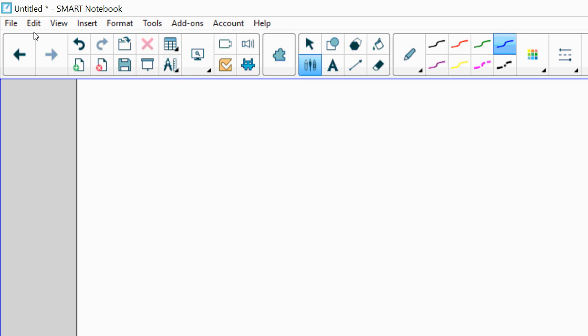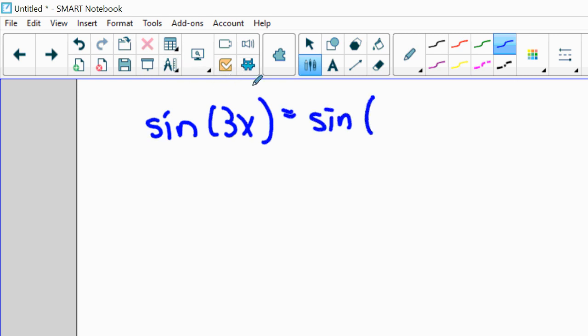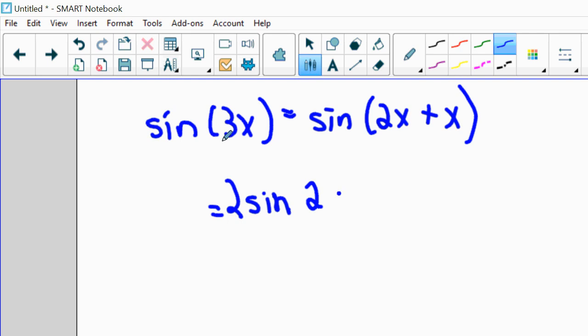Now, I haven't had much use for this, but sine of 3x, triple angle formula, I guess, is sine of 2x plus x. Whoops, back her up.